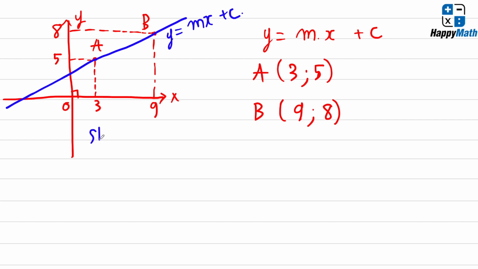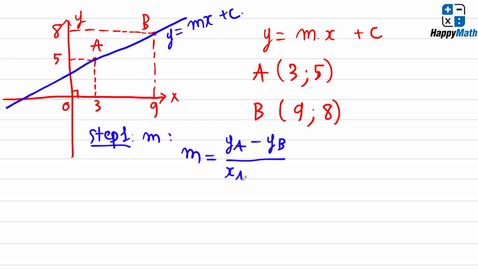The first step is to determine what m is. The formula to calculate the gradient of the line is m equals ya minus yb divided by xa minus xb.